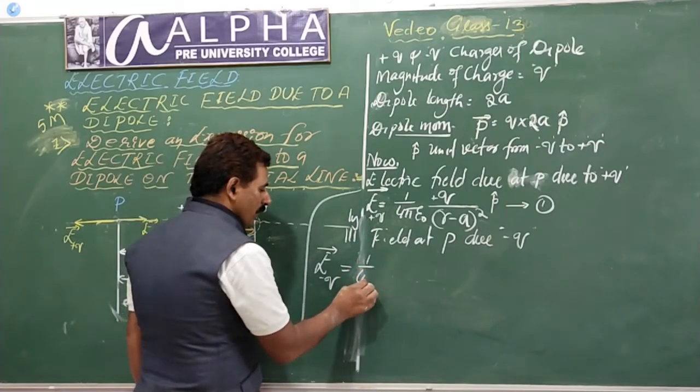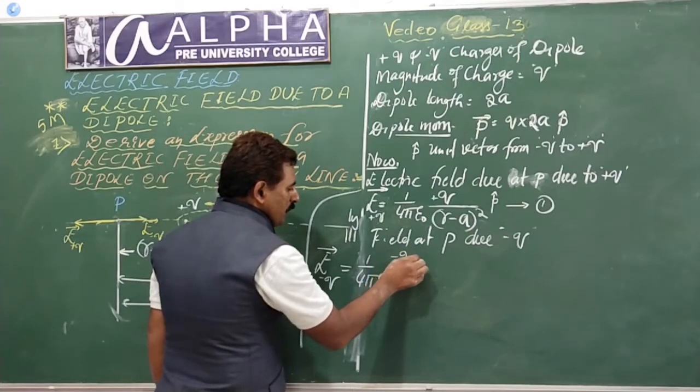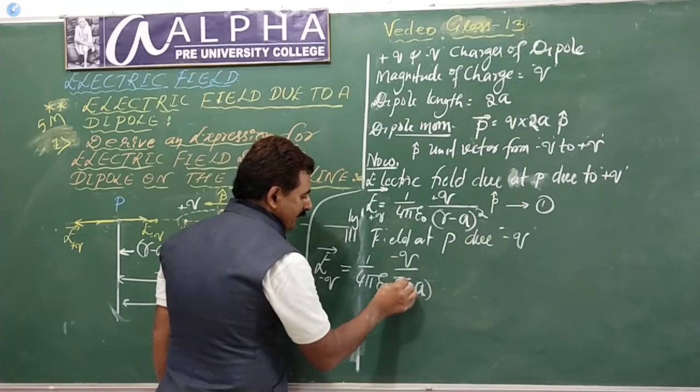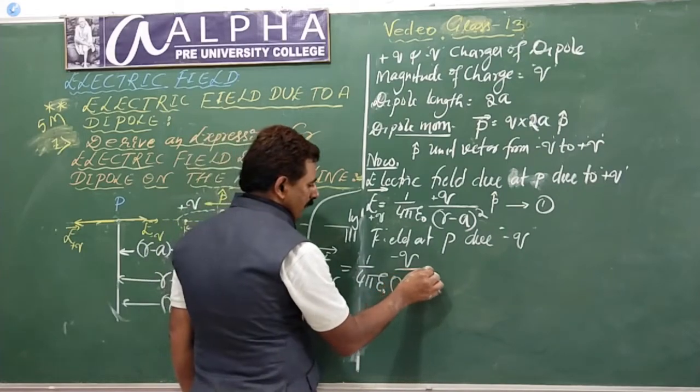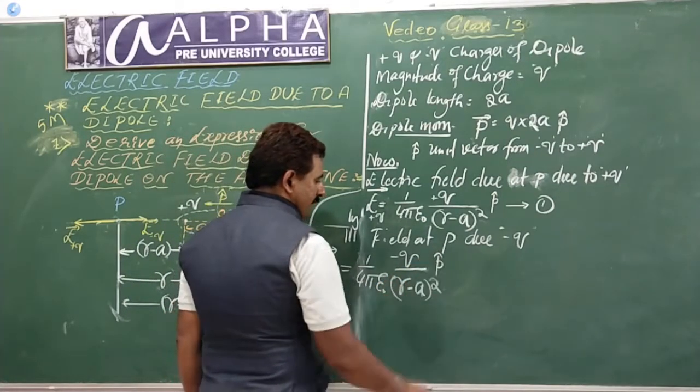Again, 1 over 4 pi epsilon 0, minus Q divided by R minus A whole squared, into unit vector P.